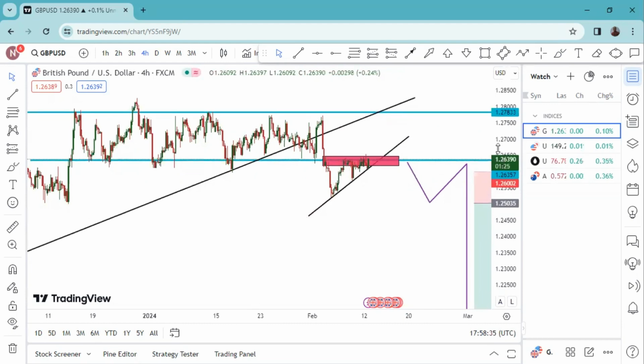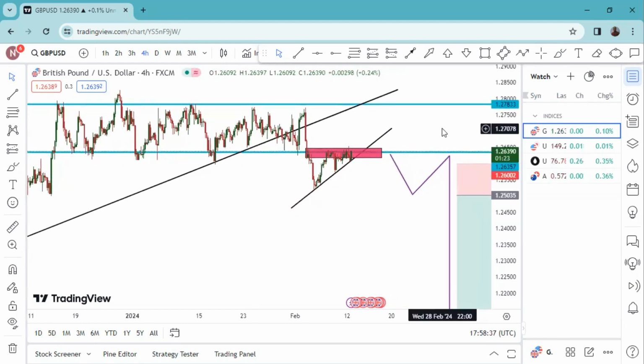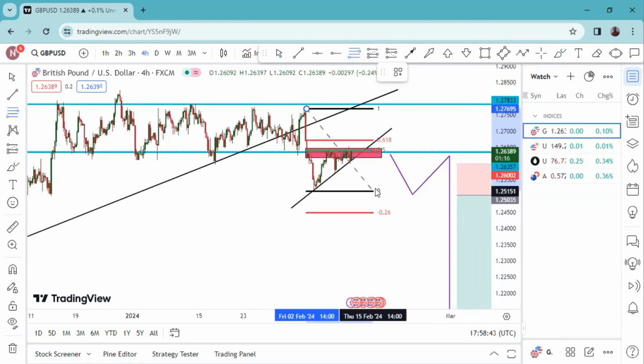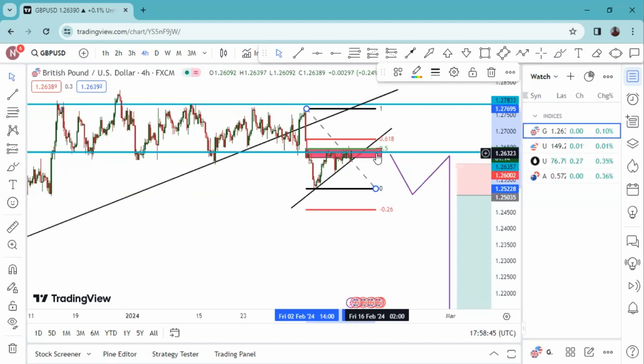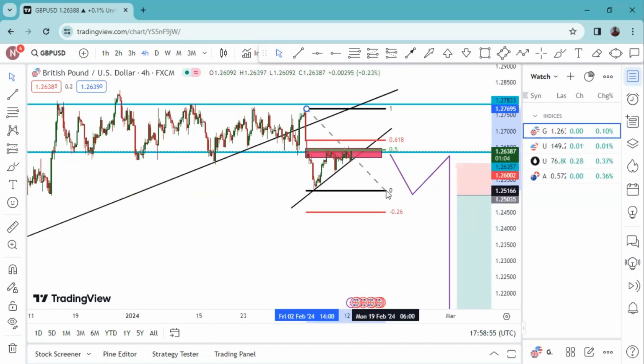This is what I'm expecting. First of all, if you take your Fibonacci from this top to this bottom, you can see this red box is where the market is currently.